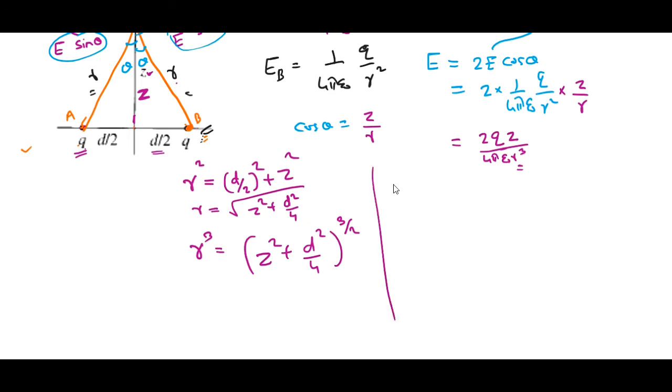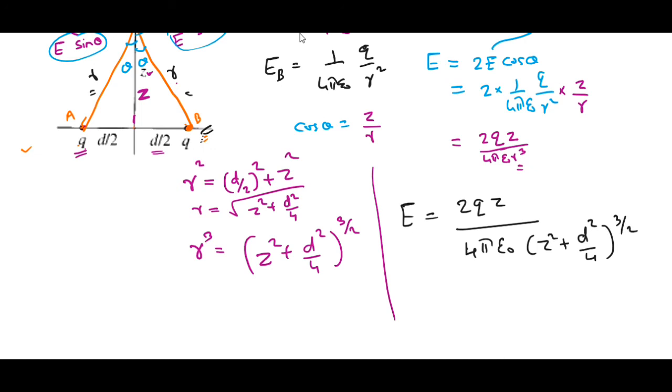Then the electric field is E equal to 2qz divided by 4 pi epsilon 0 times z square plus d square by 4 whole power 3 by 2. This is the expression for the magnitude of the electric field.